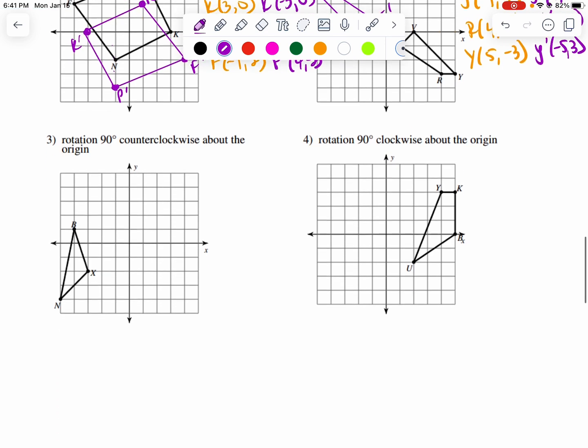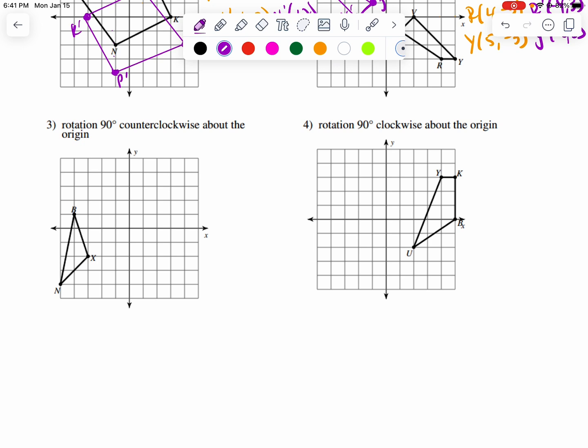Okay, so for number 3, we want to do a rotation 90 degrees counterclockwise about the origin. Okay, so counterclockwise 90 degrees. Let's do this. Okay, so our rule for 90 degrees counterclockwise, we want the opposite of y, comma, x.